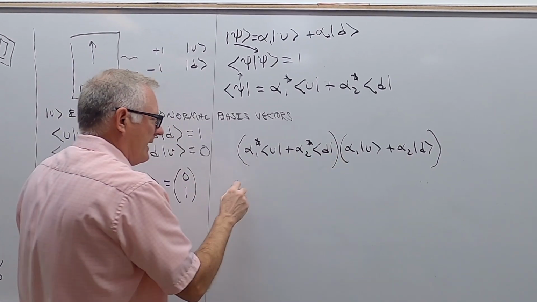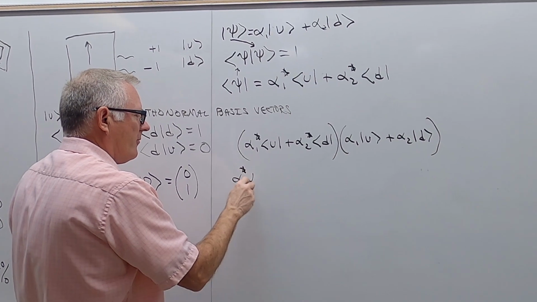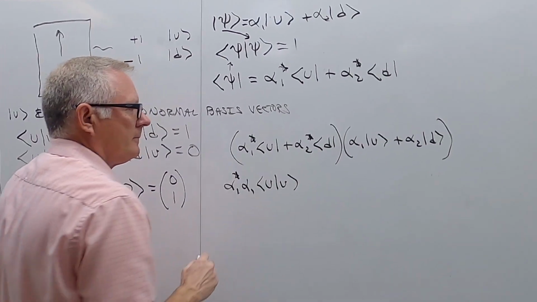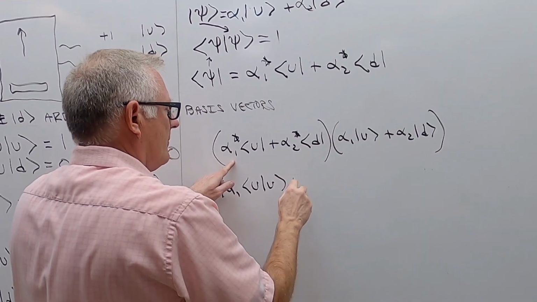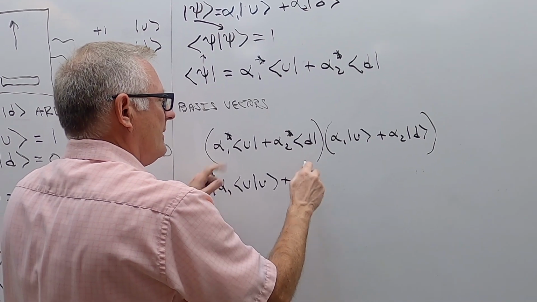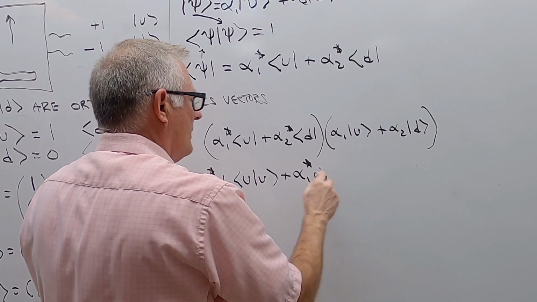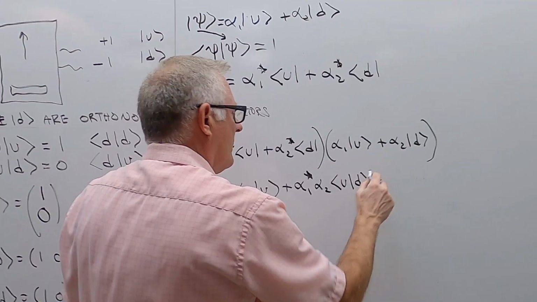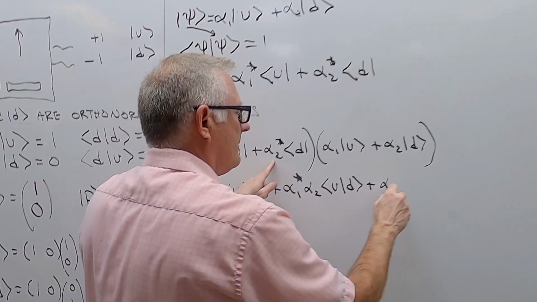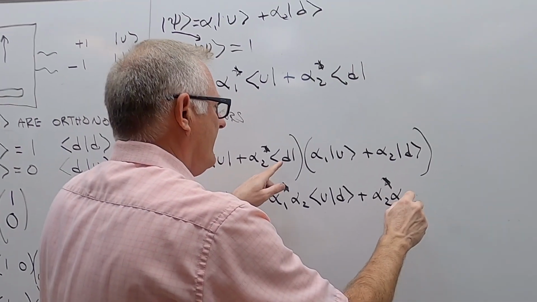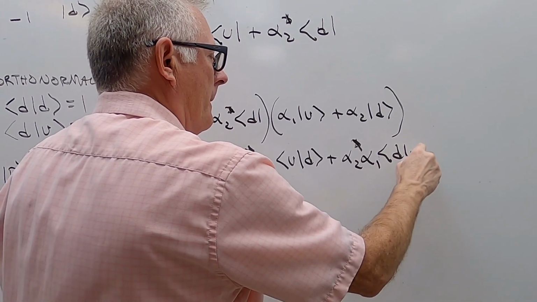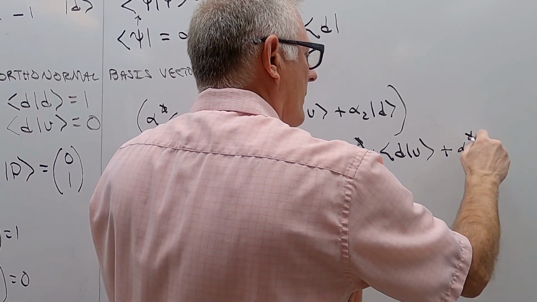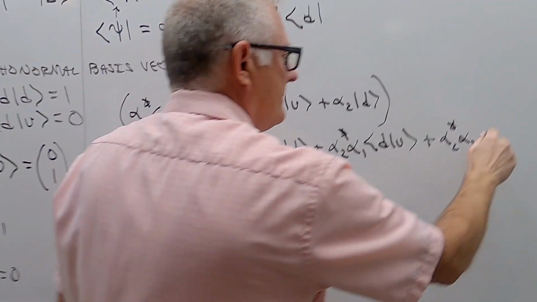This times this would be alpha 1 star alpha 1 up up, and then multiply these two, plus alpha 1 star alpha 2 up down, plus these two, alpha 2 star alpha 1 down up, plus these two, alpha 2 star alpha 2, down down.